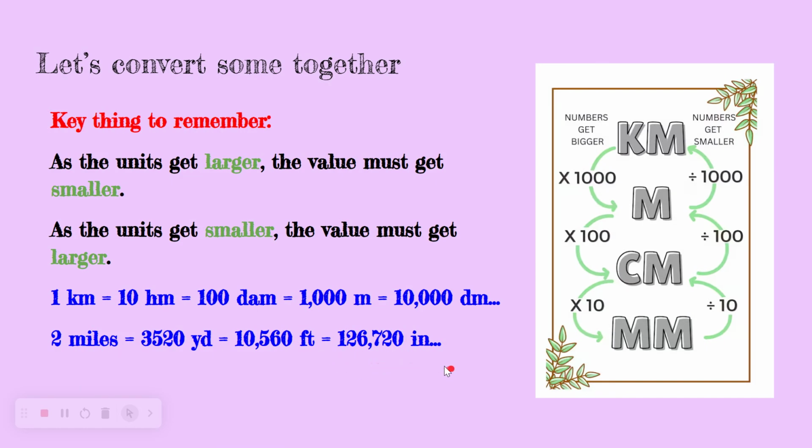So you see that as I get more and more precise with my units, smaller units, the number consequently must go up. And here's a helpful little image to help you understand scaling if you're going in the metric system from kilometers to meters to centimeters to millimeters or back up.